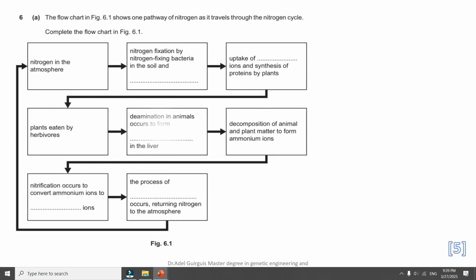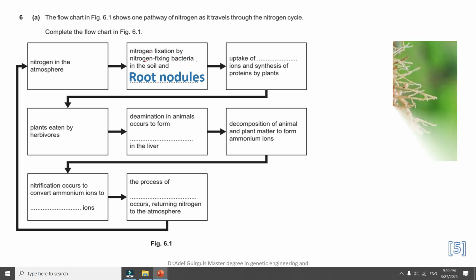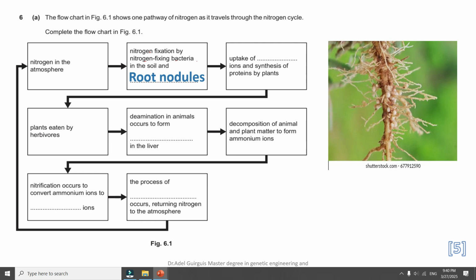Now for number 6, the last question, about the flow chart in figure 6.1 which shows one pathway of nitrogen as it travels through the nitrogen cycle. Nitrogen in the air, okay, nitrogen fixation by nitrogen fixing bacteria in the soil and root nodules. Nitrogen fixation happens in bacteria free in soil called nitrogen fixing bacteria, and another bacteria found on the roots of legumes like beans.